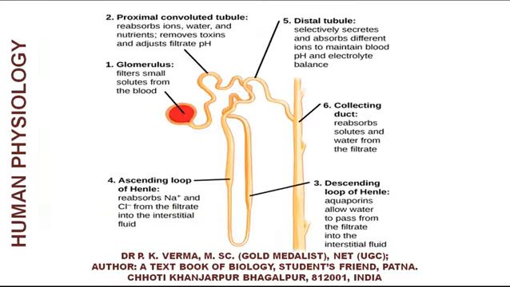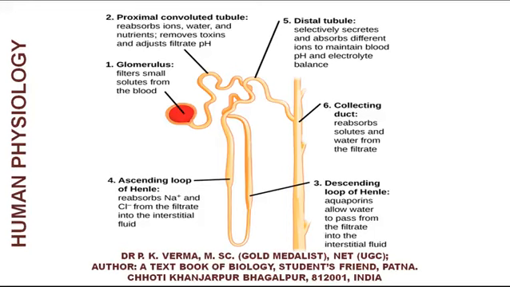Here also in this diagram, point number 1 shows glomerulus where the blood plasma is filtered and small solutes from blood pass down into Bowman's capsule as the glomerular filtrate.